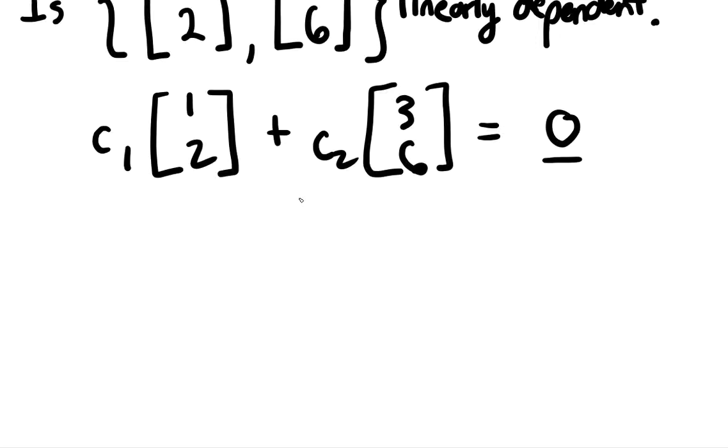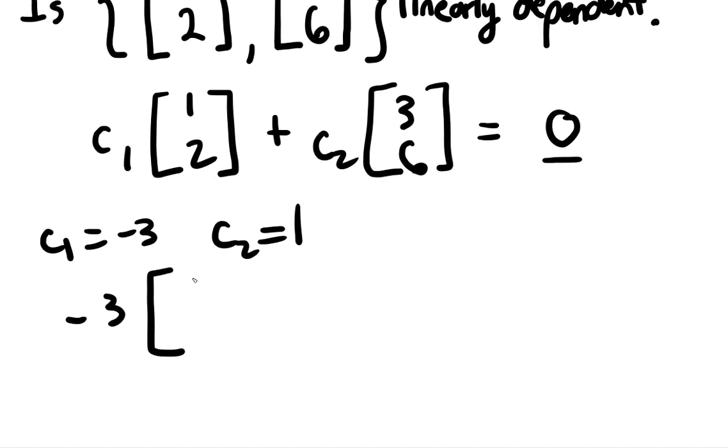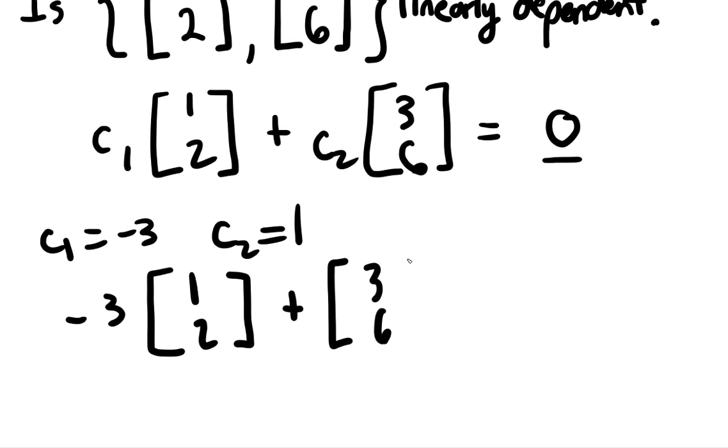Now, can you see any values for c1 and c2 such that it would produce the zero vector? Well, one possible value: if we set c1 equal to -3 and c2 equal to 1, let's see what we get. -3 times 1, 2 plus 3, 6.